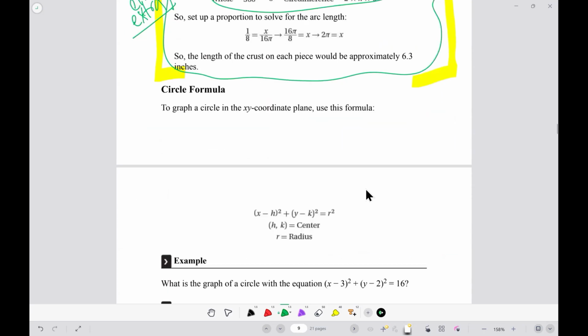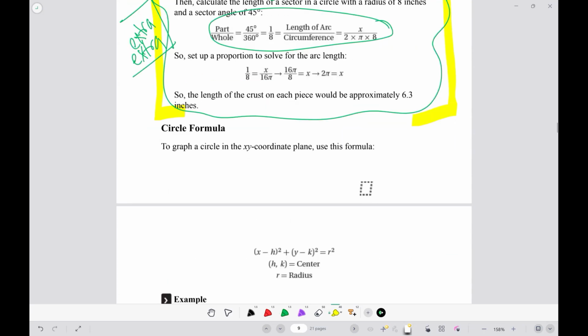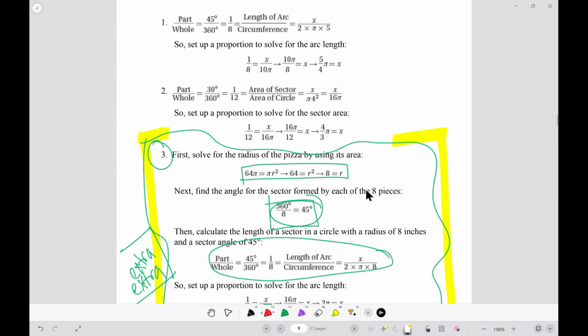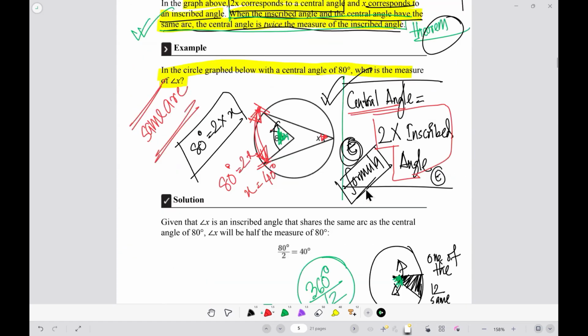Okay. The circle formula we're discussing is basically related to coordinate geometry. As a matter of fact, this chapter basically deals with the circle.